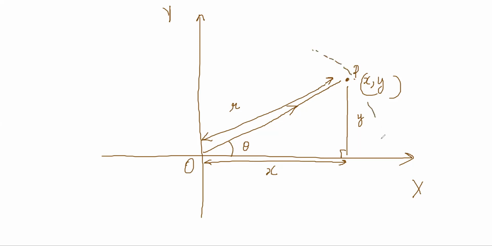Because it could be anywhere on a circle. And if I just tell you angle, then also it is not enough because it can be anywhere on that line, right? But if I tell you both the things, you'll be able to mark it exactly.